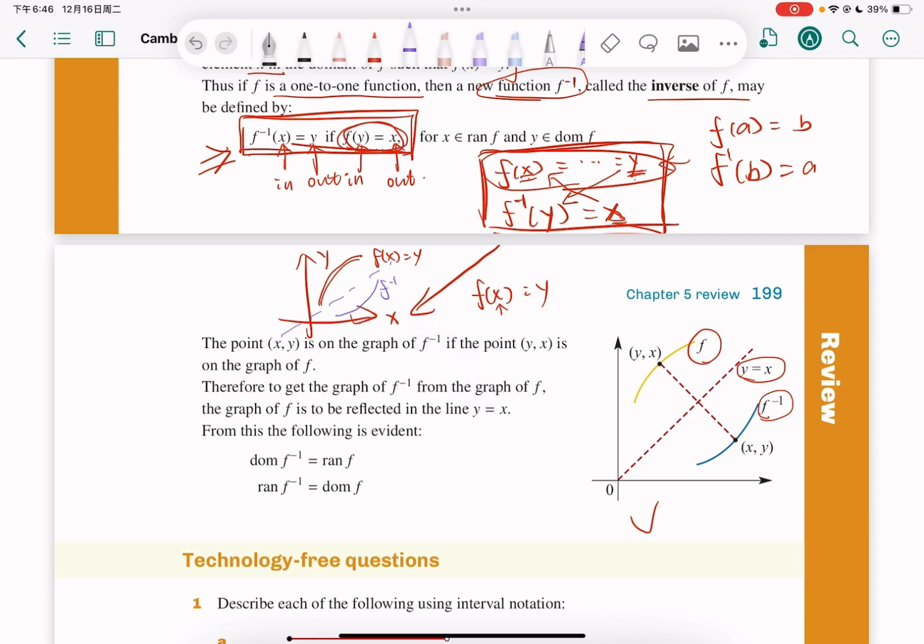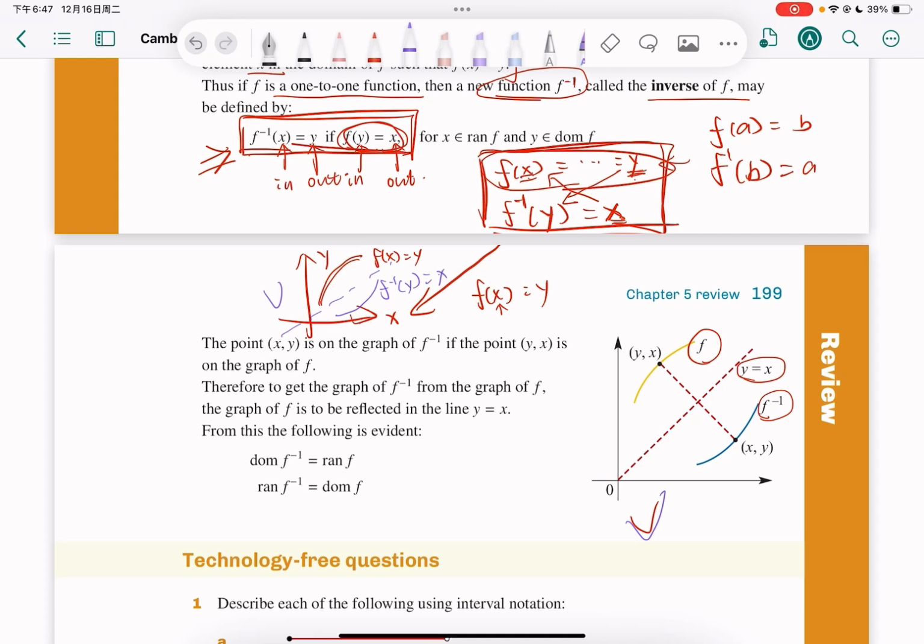So it's f inverse of y equal to x. Okay, so this one and this one are the same. It only matters how you define the input value and output value.